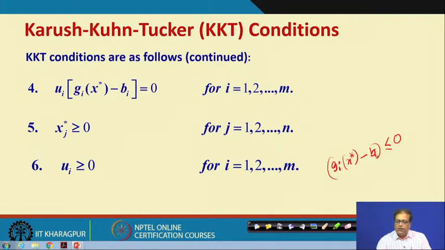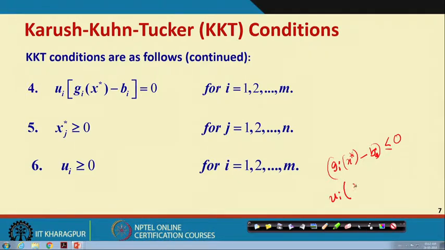Multiplied by the corresponding multiplier, it should be equal to 0. That is the fourth condition. The fifth and sixth conditions say all the multipliers should be greater than or equal to 0, and all the decision variables at the optimal point should also be greater than or equal to 0. So, these are our 6 KKT conditions.